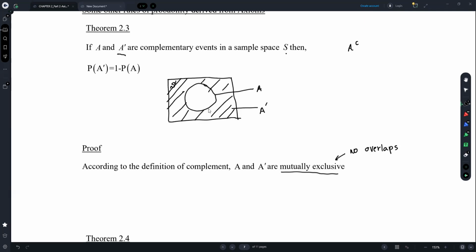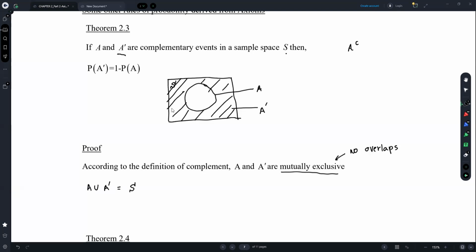If you get the circle and outside the circle, both of them added, you will get the whole sample space. So you can write it like this: A union A's complement is the sample space. That's correct, right? Is that clear to all of you?